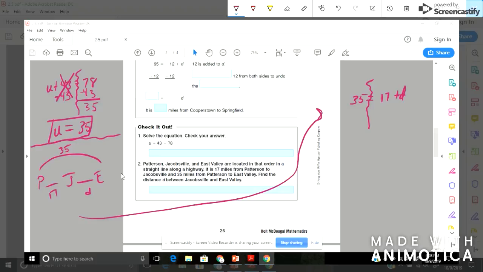D is being added by 17. So to undo that, I'll subtract 17 on both sides. 17 minus 17 is 0. Perfect. I've isolated D, and I just need to do some subtraction. 5 minus 7, I can't do. I'll borrow. 15 minus 7 is 8, and 2 minus 1 is 1. So I get 18, and my label would be miles.